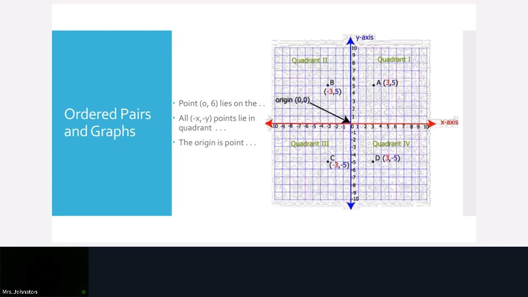So if we were to plot point 0,6, I would not actually move left or right. I would stay right on the Y-axis. But the second point, the Y, tells you how far up or down to go, depending on if your point is positive or negative. And this one being 6 would take us right up to this spot up here. And this could be labeled 0, 6.